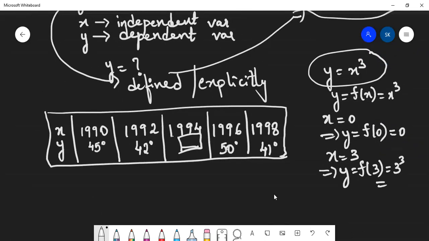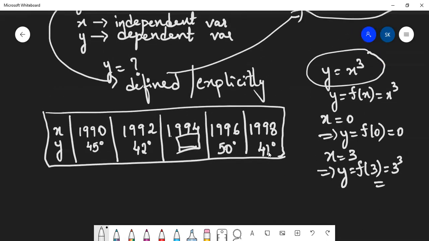And here, if you observe, I gave the tabulated values. Is this position in between the given range of x? Yes, this is the position where I have to find, and it is in between the given range of x.